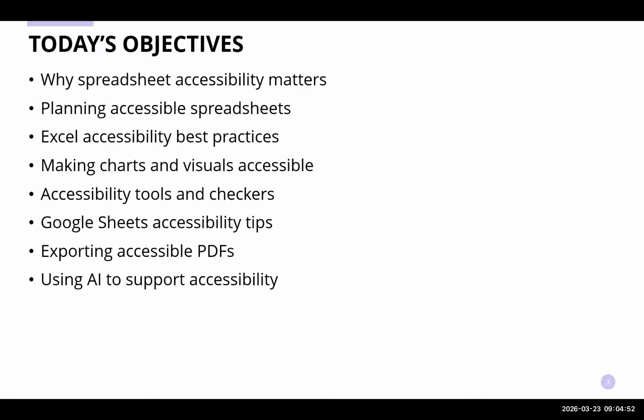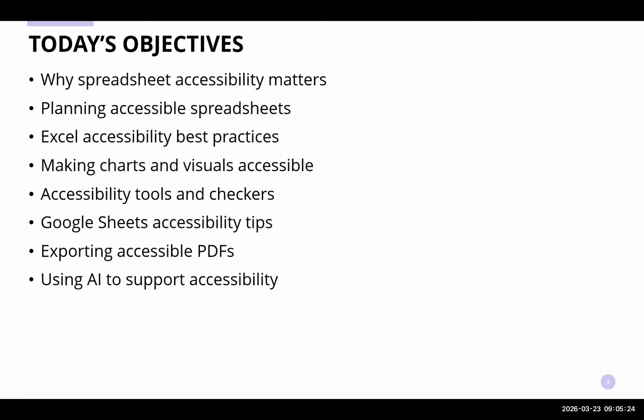And then we'll talk about how to plan accessible spreadsheets. And honestly, this step will save you a lot of rework later. From there, we will get into practical Excel best practices, the kind of things that you can start using immediately after this session. We'll also look at charts and visuals because data is not just numbers in rows and columns, and those definitely need to be accessible as well.